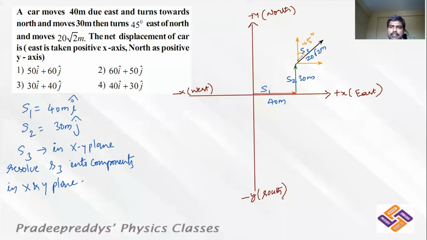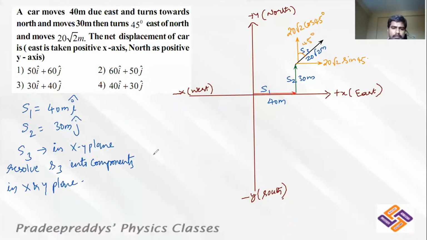So how do you write this S3? You can write horizontal and vertical components for this vector. As it is the adjacent side, you can write it as 20 root 2 cos 45, and this is 20 root 2 sin 45. If you do not know how to resolve vectors, you can watch videos on YouTube so that you can learn how to resolve a vector.